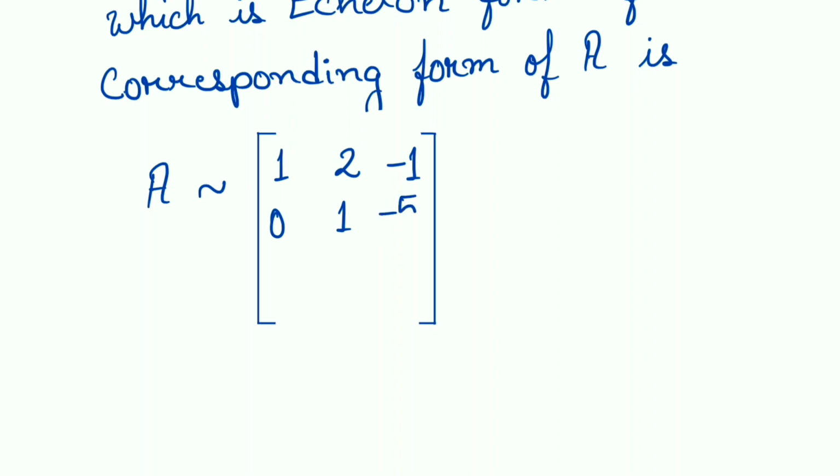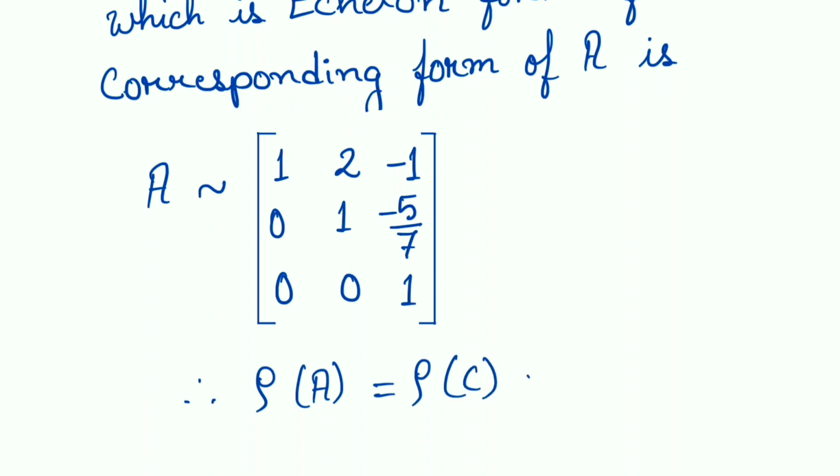Its rank is 3. And also the resultant matrix, the B matrix, was a 4 by 1 matrix, 1 column, 4 rows. And it reduced to a 3 by 1 matrix, that is 3 rows, 1 column. So the rank of A and the rank of the augmented matrix C is equal to 3.